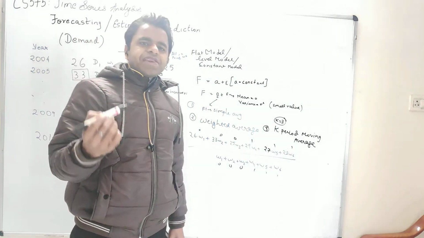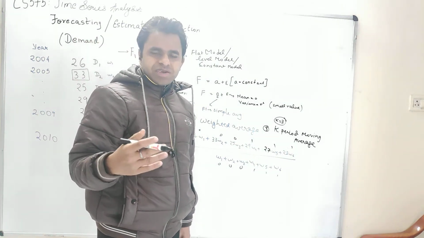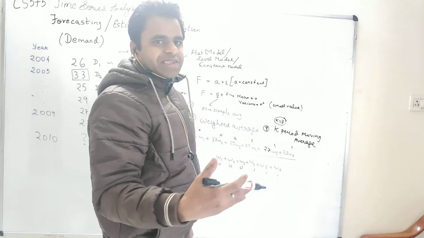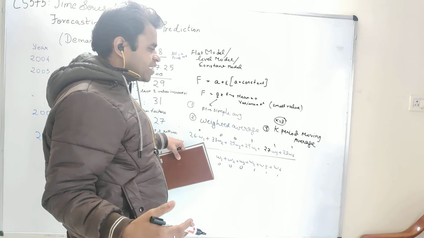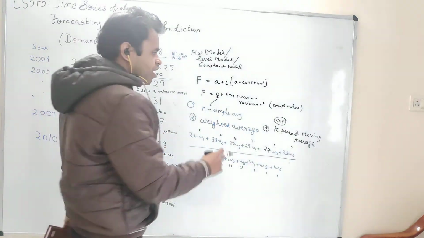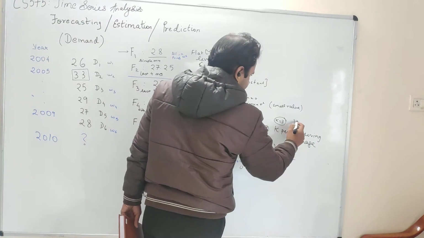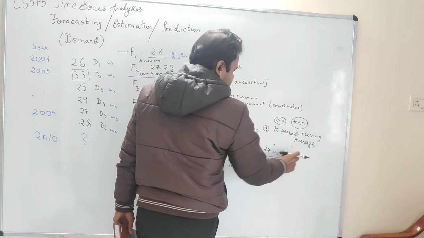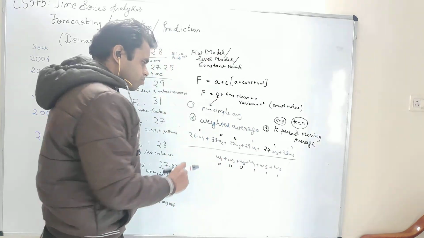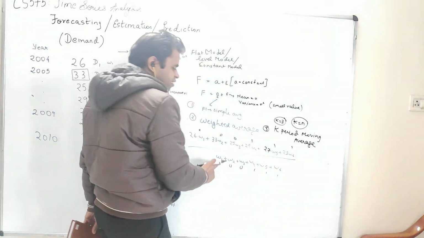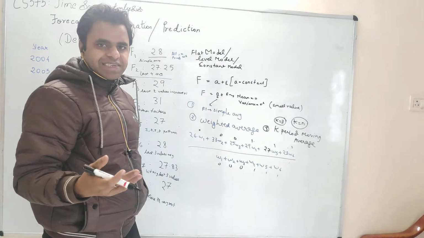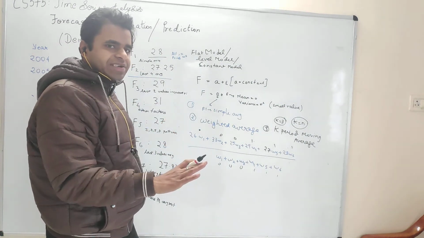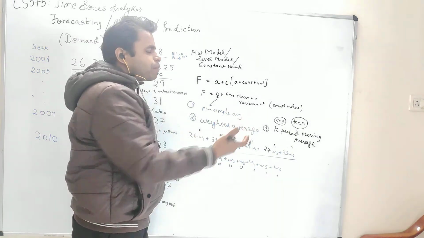So when we have a K period moving average, we take the last K values, because we are giving more precedence to the recent ones. If you have n points, we had n equal to 6 here, and K is equal to n, then your K period moving average becomes the same as the simple mean, because you will take all the points and divide by the sum of all the weights. So it becomes a weighted average, and if the weights of all the points are 1, then it becomes a simple mean.